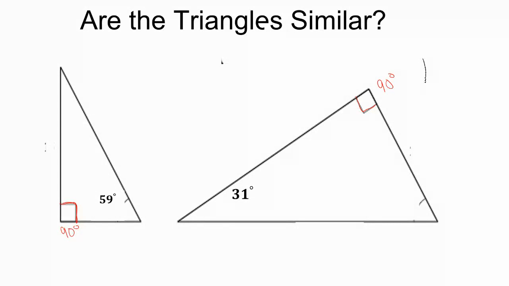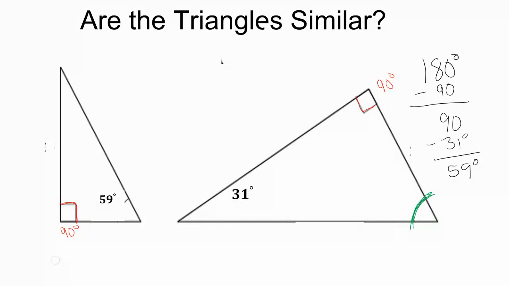So I'm going to go ahead and start with 180 degrees. Then I'm going to subtract 90. What I'm trying to do is figure out how many degrees this angle right here is. And so we know 180 minus 90 is 90. And then we're going to subtract this degrees, 31. And what do we get? We get 59 degrees.